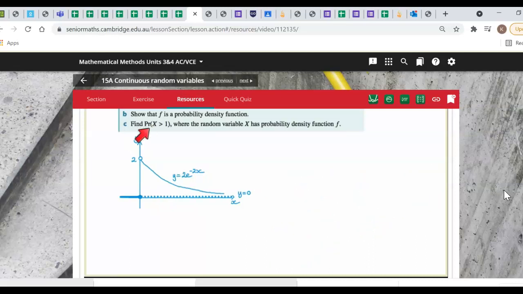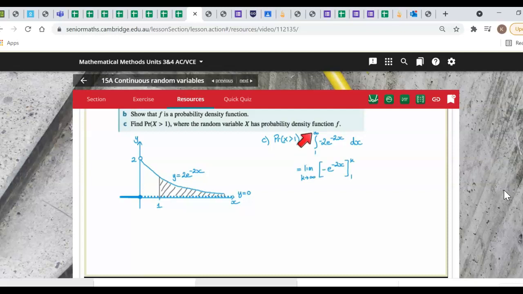Part C asks us to find the probability that x is greater than 1. So graphically, what we're doing is setting up an x value of 1, and we're looking at the area from there onwards. So using integration, we're going to evaluate the definite integral of this function between 1 and infinity.